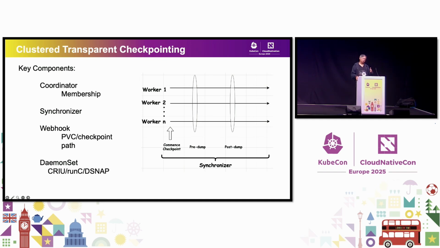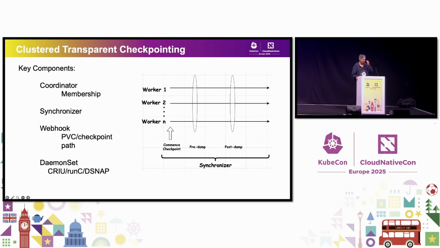So there's a place in the CRI-O design where you can put an action script hook called at the pre-dump stage to make sure that all the checkpoints are occurring simultaneously, and then conversely on the other side of the checkpoint, there's a post-dump barrier where we can make sure everything is also released simultaneously. And the purpose of that is to make sure there are no messages in transit and things like that that could be lost or corrupted by having things checkpointed out of sync.